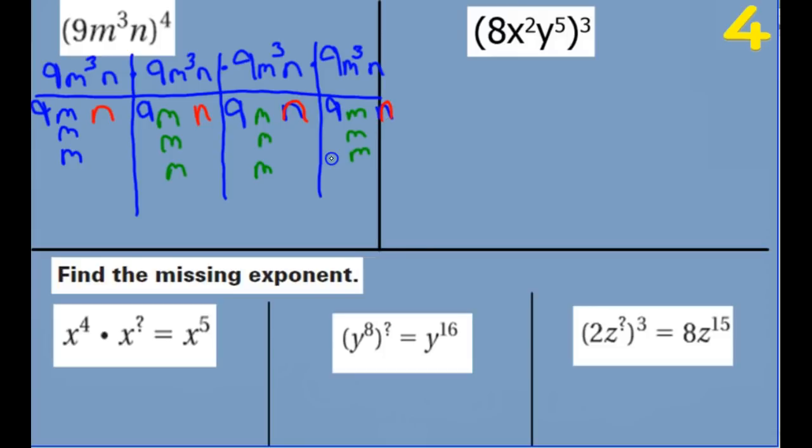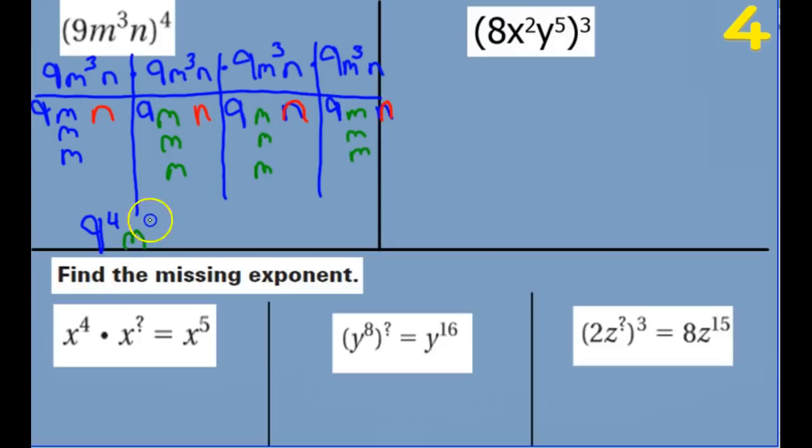So what we got to do is count up these terms. So first we'll start with the 9s. We have 1, 2, 3, 4 9s. So we have 9 to the 4th. And now we're going on to our m's. We're going to go in alphabetical order. 1, 2, 3, 4, 5, 6, 7, 8, 9, 10, 11, 12.